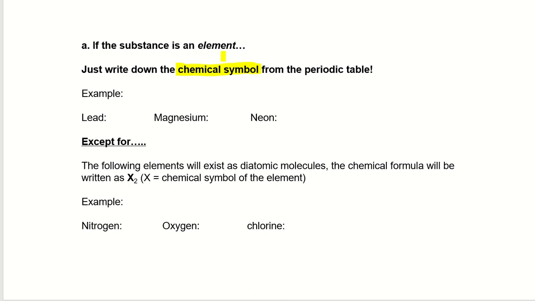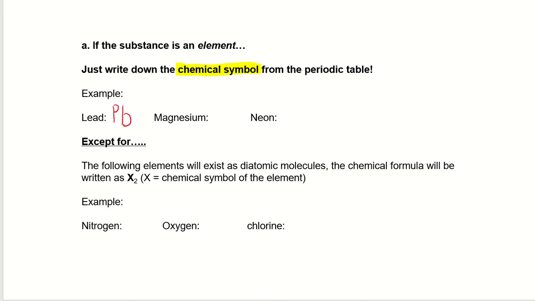So all you need to do is take a look at your periodic table. For example, if you are asked to write down the chemical formula for lead, you go to a periodic table, and you should be able to see that the chemical symbol for lead is Pb. So the chemical formula is also just Pb.